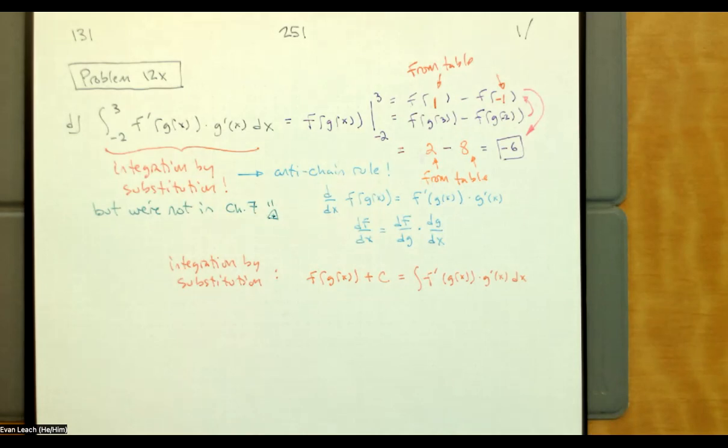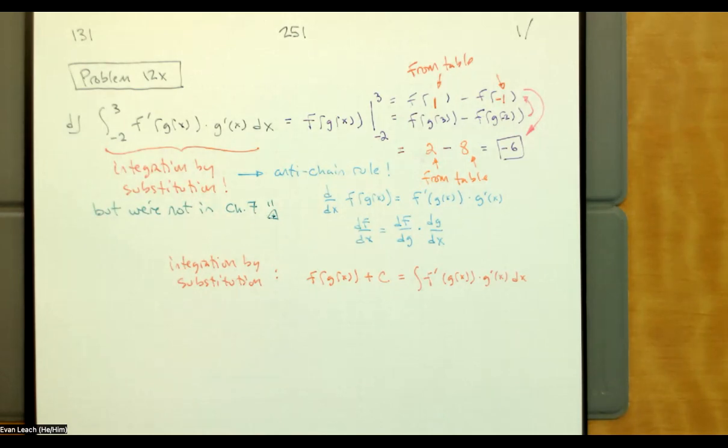F of 1. Yep. And it's just bouncing you around to different parts of the table. Yes. We're just playing with the composition, and the table cleverly gives you the values that you need.